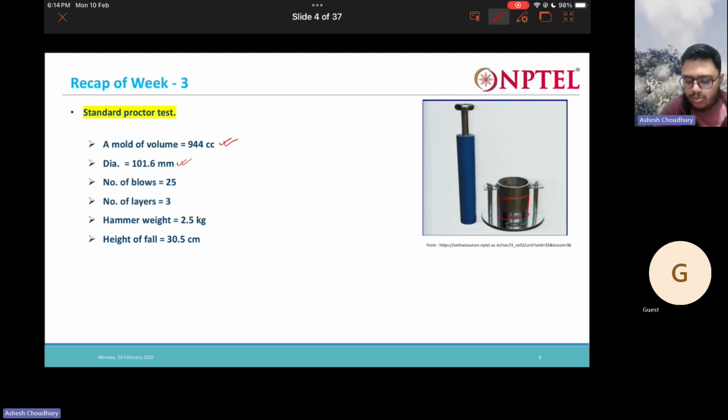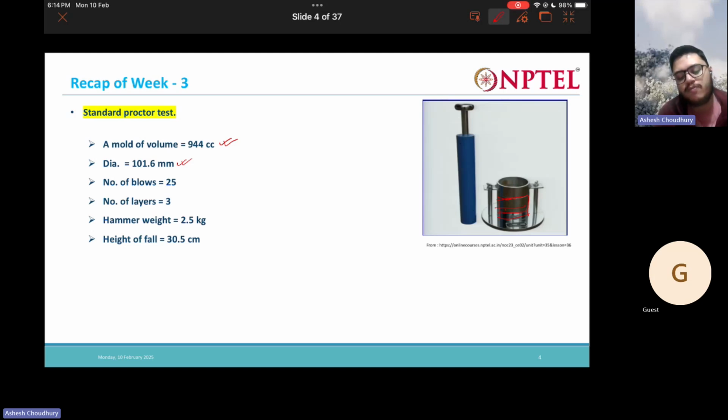What we need to do is put soil in three equal layers. We need to fill the soil in three equal layers in this mold. For each layer of soil, we need to put some amount of compactive effort, and that compactive effort is 25 blows.